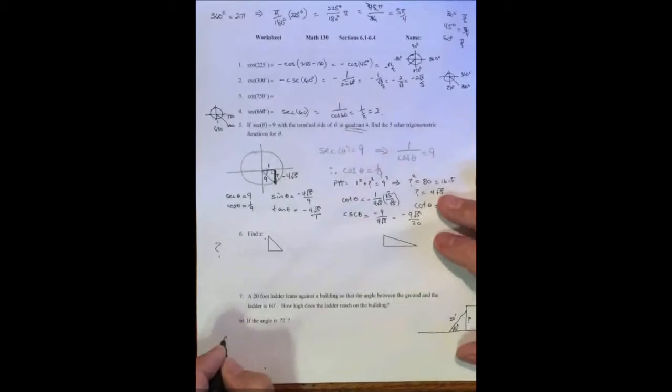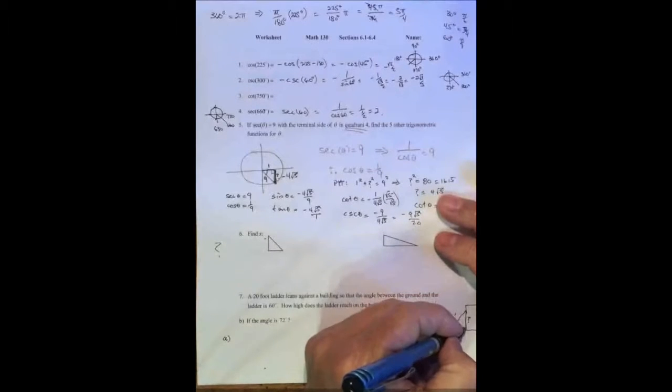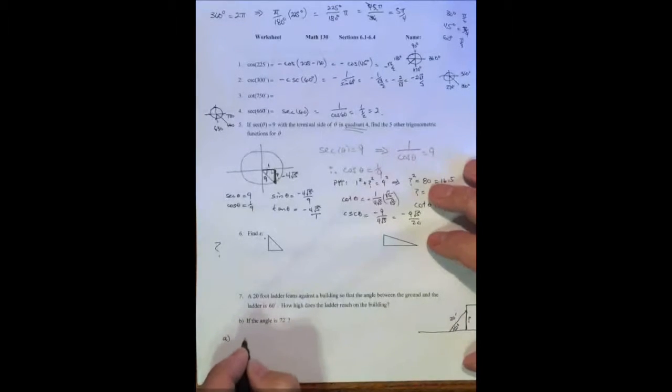Let's do part A here. I want how high the ladder goes up the building under these conditions. And we're given the angle. We want the side opposite. And we're given the hypotenuse. So that indicates we use the sine function. So we say that the sine of 60 is equal to the distance up the wall divided by 20.